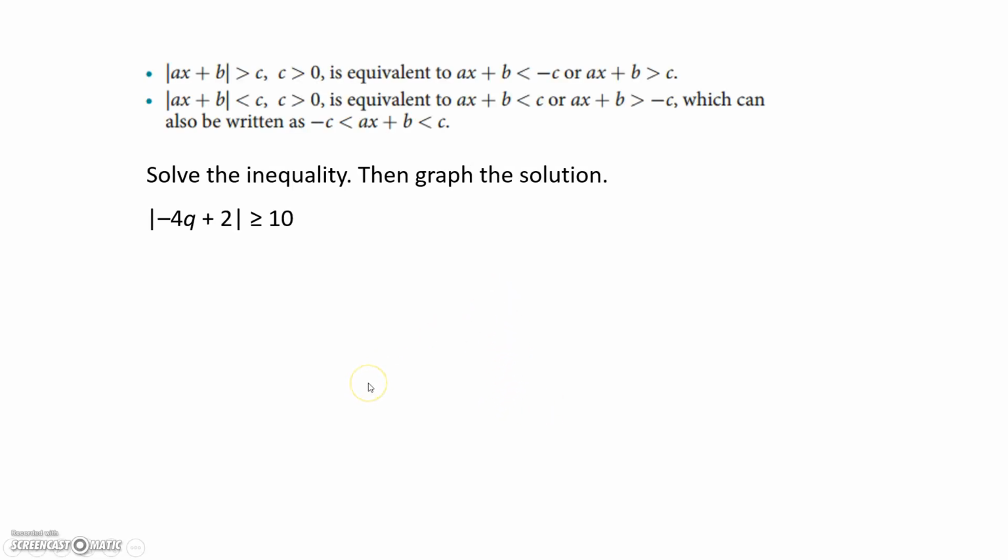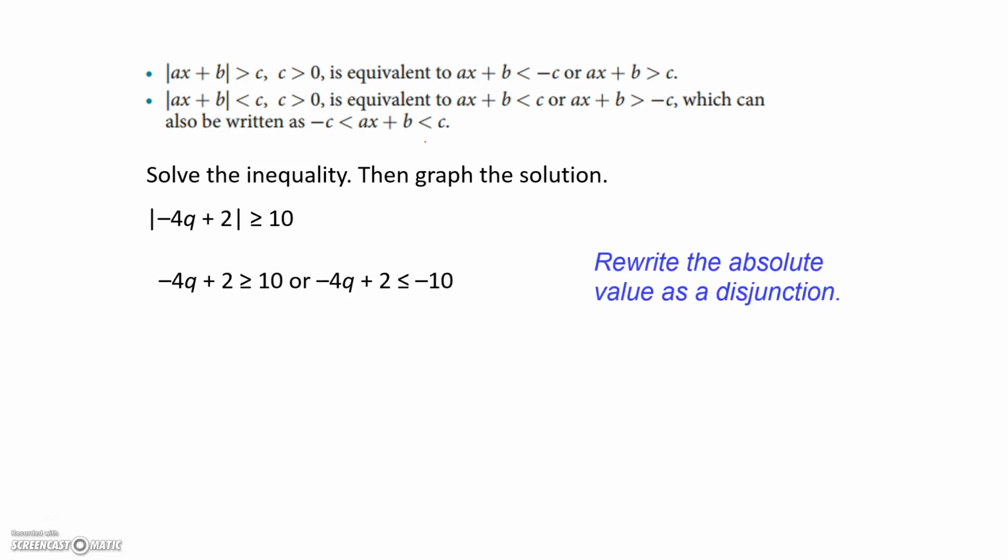Alright, let's take a look at our first one. We have the absolute value of negative 4q plus 2 greater than or equal to 10. Is our absolute value isolated already? And the answer to that is yes. So our first step will be to rewrite, and we will split it up.